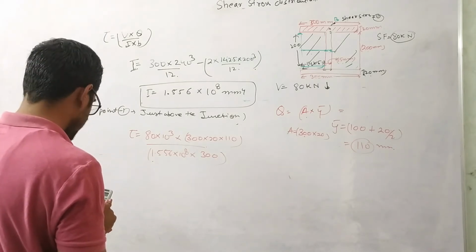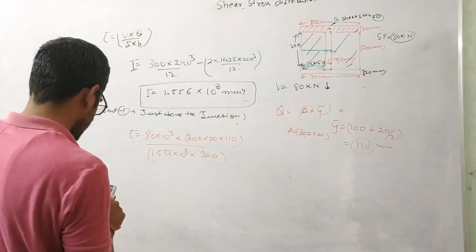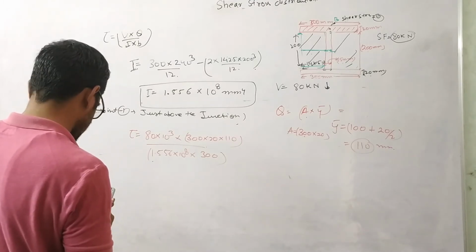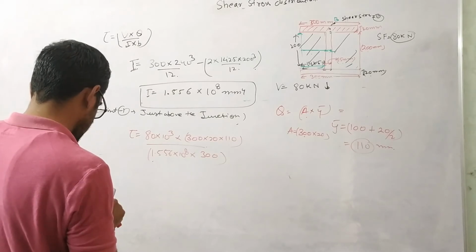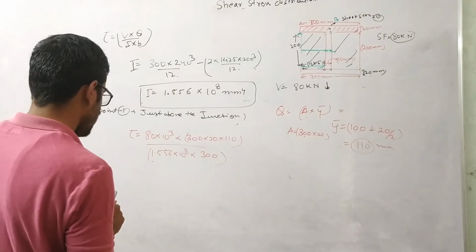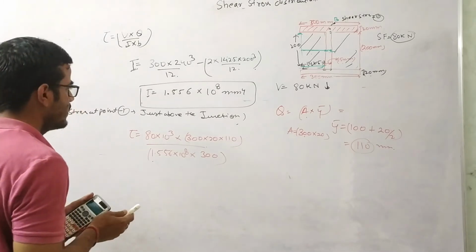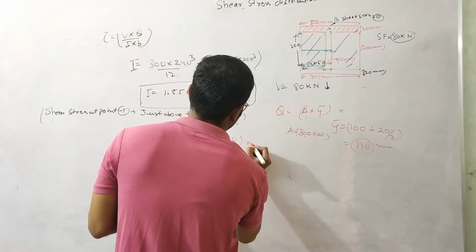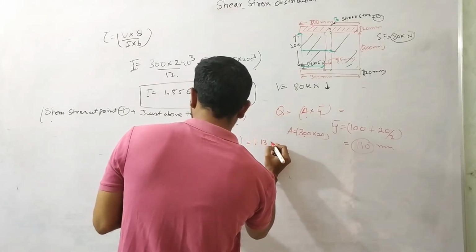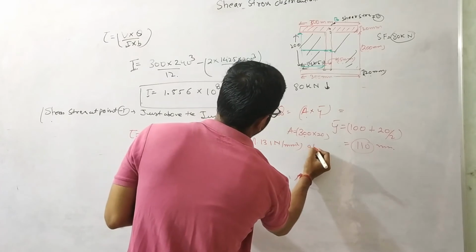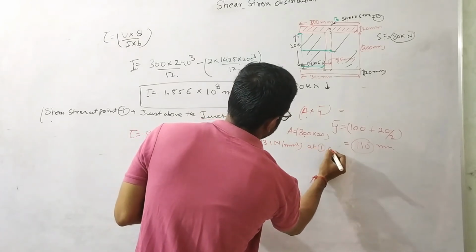The value from this formula comes out to be 1.131 Newton per mm square. This I calculated at point 1, just above the junction.